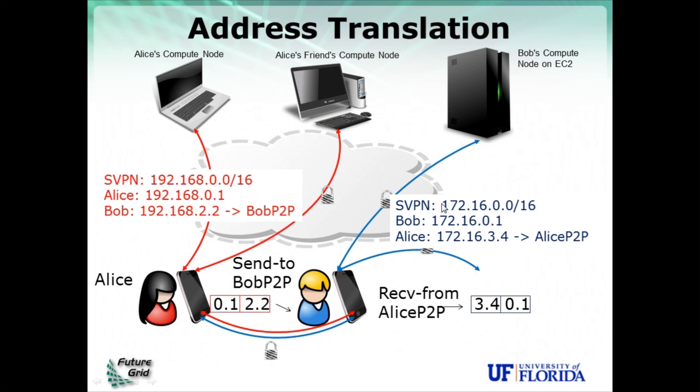Now Bob has its own virtual private network with its own local address space. Let's say here another private address space 172.16.0.0 with net mask 16. And Bob, again, SocialVPN assigns itself an address within this address space and maps Bob's friends dynamically to addresses within this address space. So let's say Alice got 172.16.3.4.